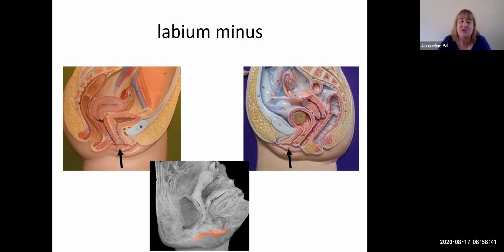And these are much thinner because they don't have all the adipose tissue and they are not hair-bearing. And even though the model shows that they are shorter than the labium majus, in reality, they can hang below the labium majus, and they can be pink or brown or any variation in between.